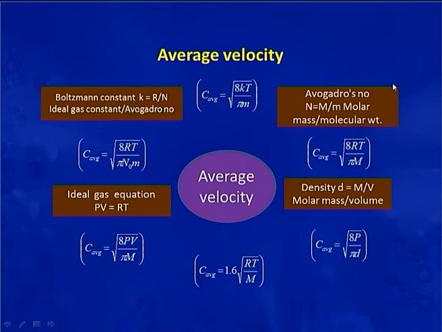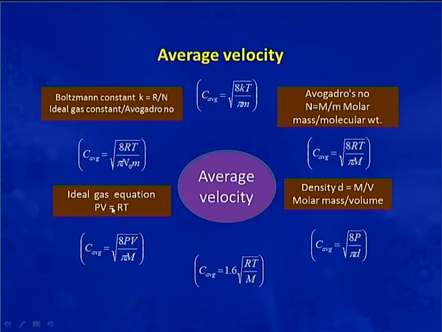As we know that Avogadro's number is equal to molar mass by molecular weight. By using average velocity, we can calculate the molar mass of this gas using this equation: C average is equal to root 8 RT by pi M. As we know, the ideal gas equation is PV is equal to RT.